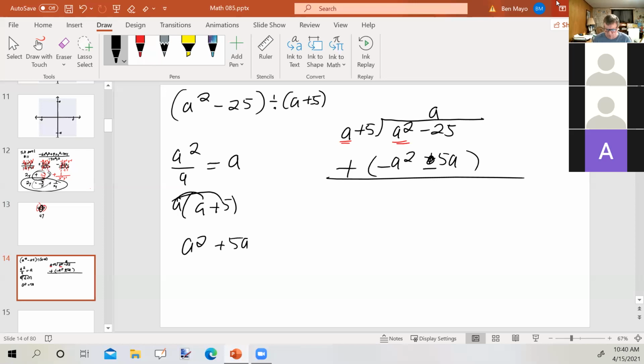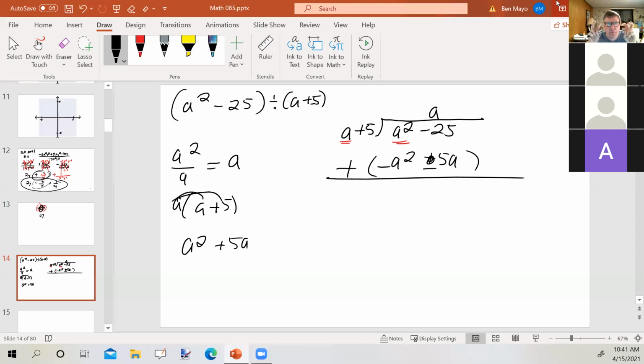What's the problem here? What's going on? There's a mess. We can't subtract 25 from 5a, or the other way around either. Why not? Because the negative 25 doesn't have a variable a or the exponent of a. Yeah, so they're not like terms, are they?